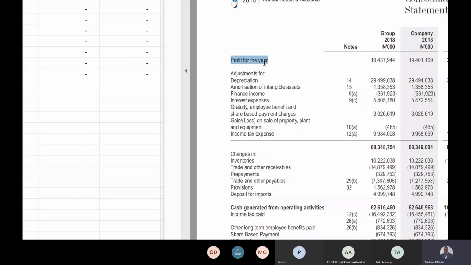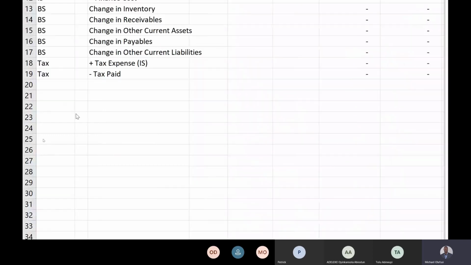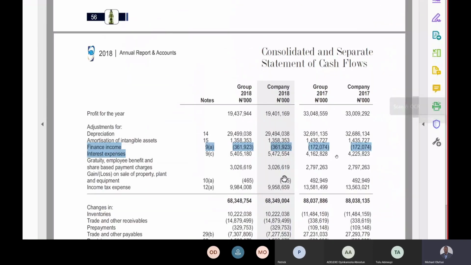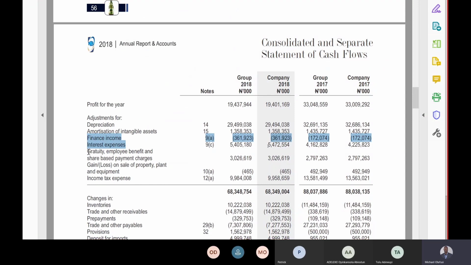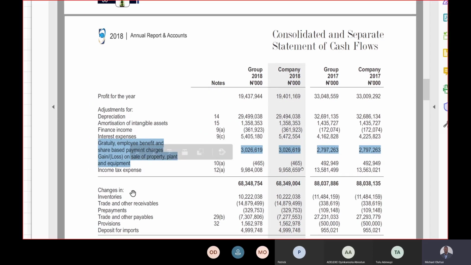Profit for the year, adjust for depreciation and amortization, adjust for the things that are supposed to feature in the cash flow from financing. So finance income, finance cost. And then you'll be like, oh, what about all these other things? They captured some things that are gains and losses, like gains on sale of plant, property and equipment, things related to employee benefit, revaluation of gratuity, employee benefit and share-based payment charges.